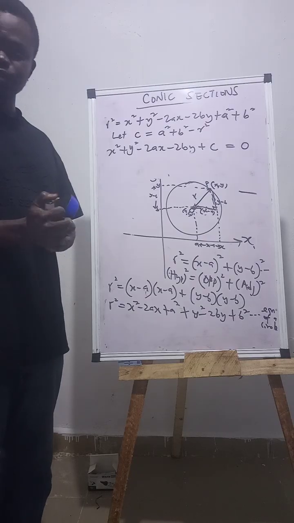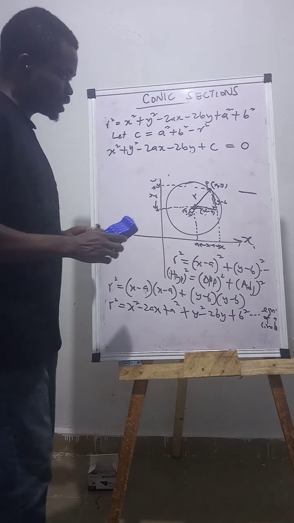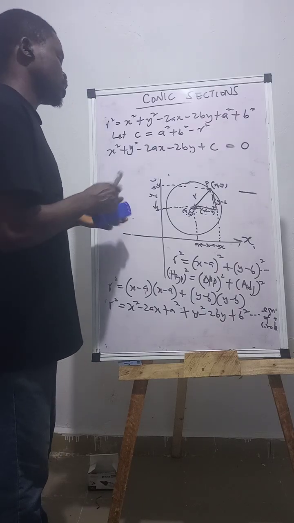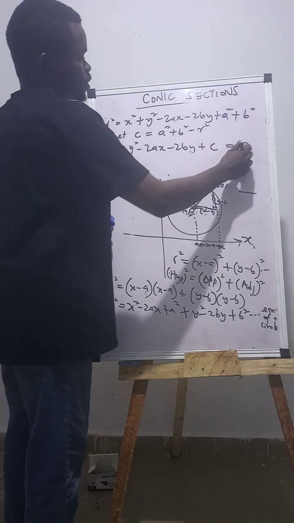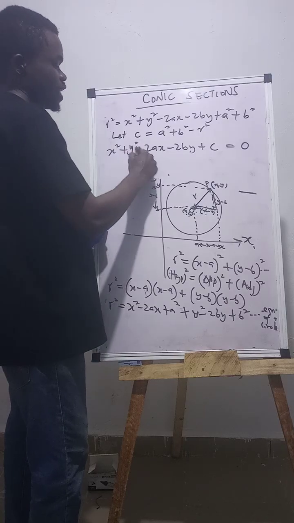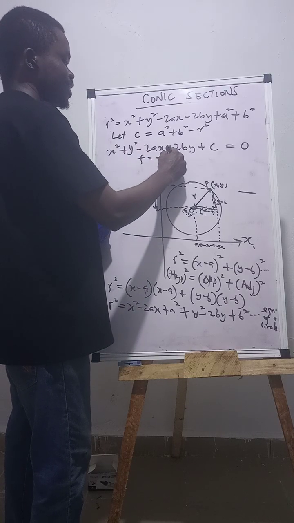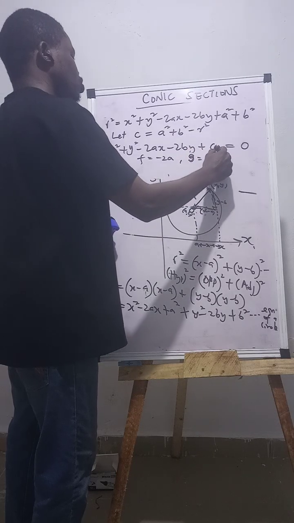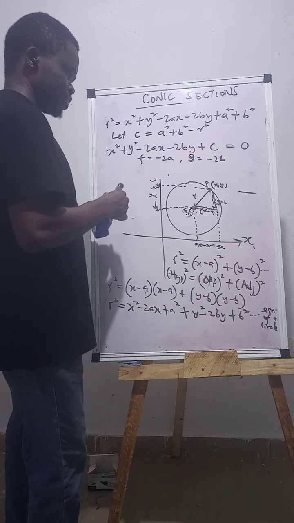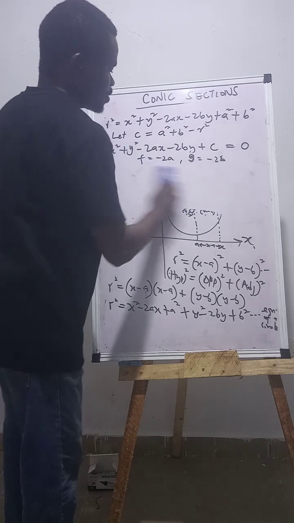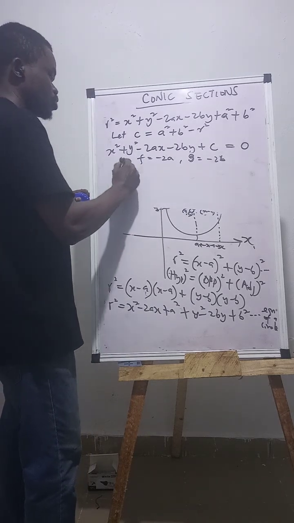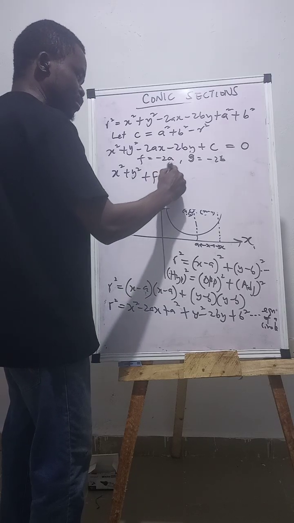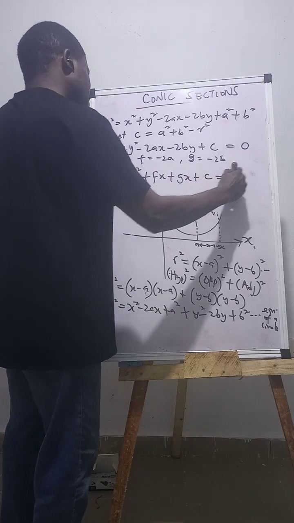So let's take a question from among what I have. Let me wipe this. This is the equation of a circle, right? But we can also say let f be equal to minus 2a and let g be equal to minus 2b, so that we have another equation, x squared plus y squared plus fx plus gy plus c equals 0.